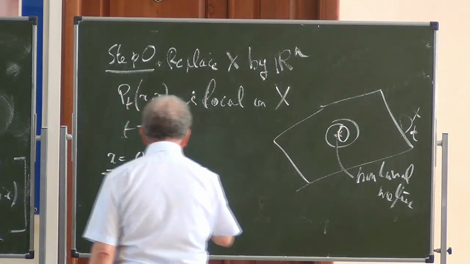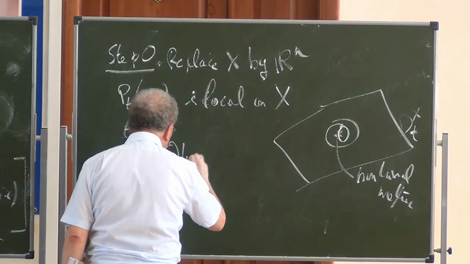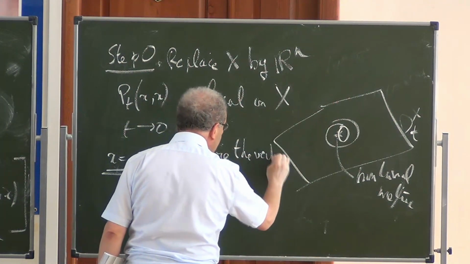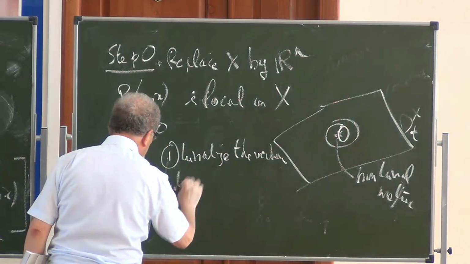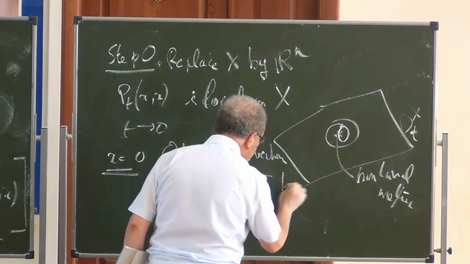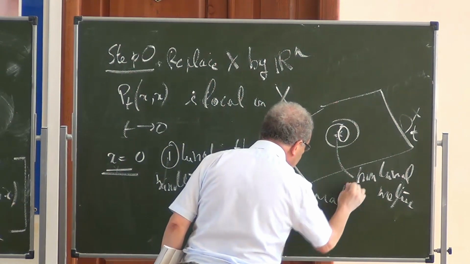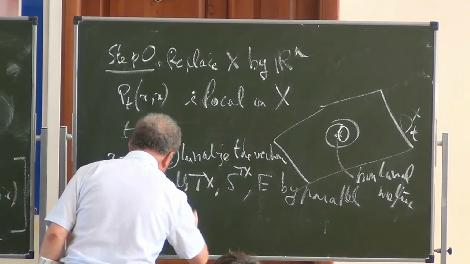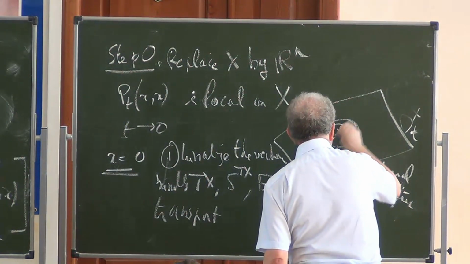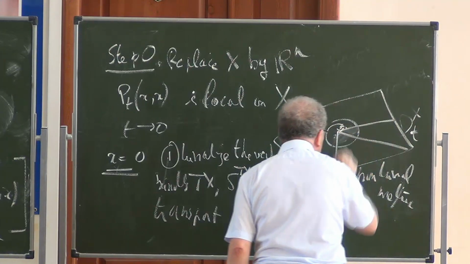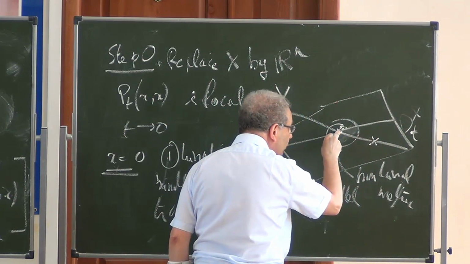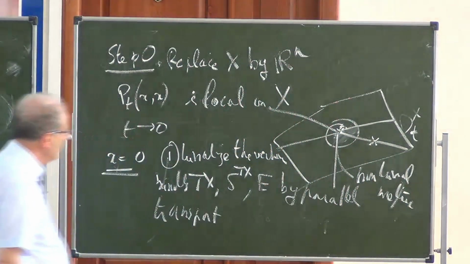Okay, so we're going to do several things. First of all, we trivialize the vector bundles Tx, Stx, and E by parallel transport along, say, radial geodesics. You could take as well geodesic maps. So we have these radial geodesics, and we identify the vector bundle here to this one by parallel transport.